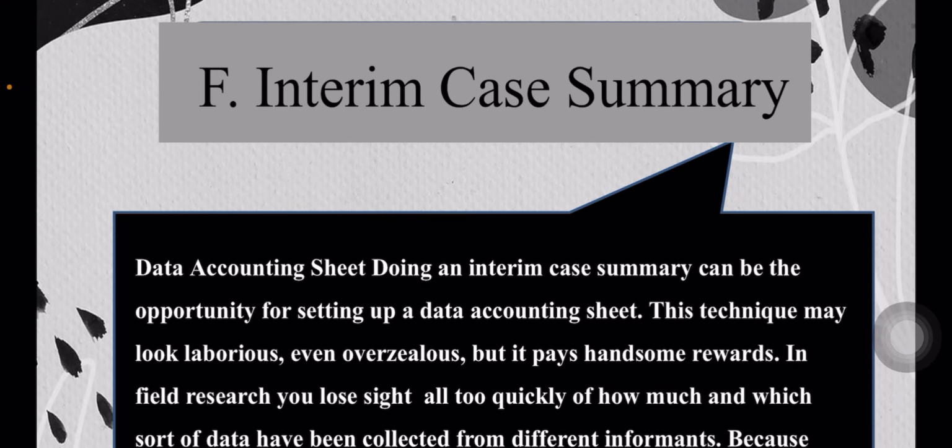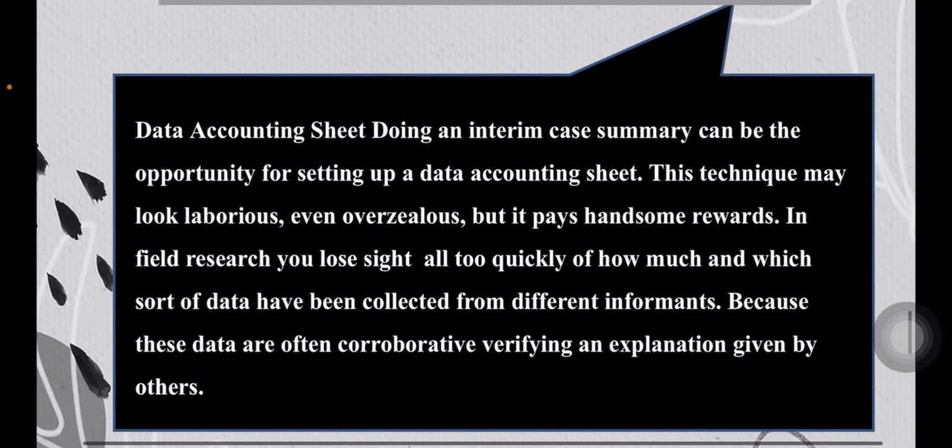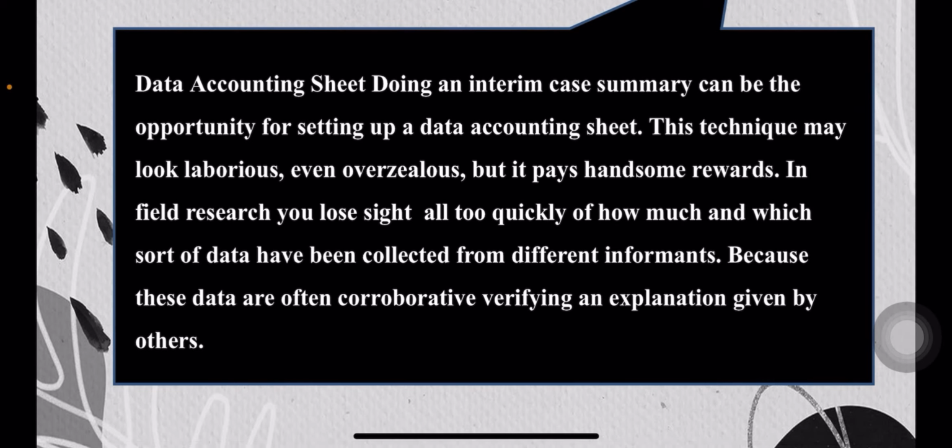Okay, the next point, F, interim case summary. Data accounting sheet: doing an interim case summary can be the opportunity for setting up a data accounting sheet. The technique may look laborious, even overzealous, but it pays handsome rewards.